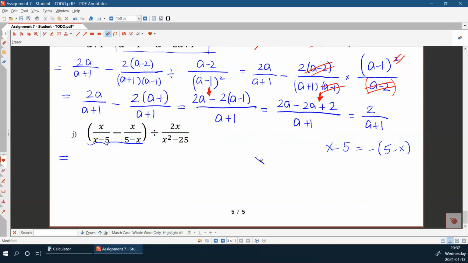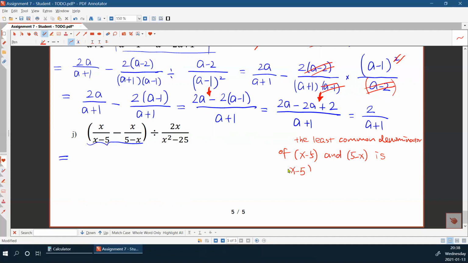I'll write it here for you, on the right hand side. The least common denominator of x minus 5 and 5 minus x is x minus 5 or 5 minus x.